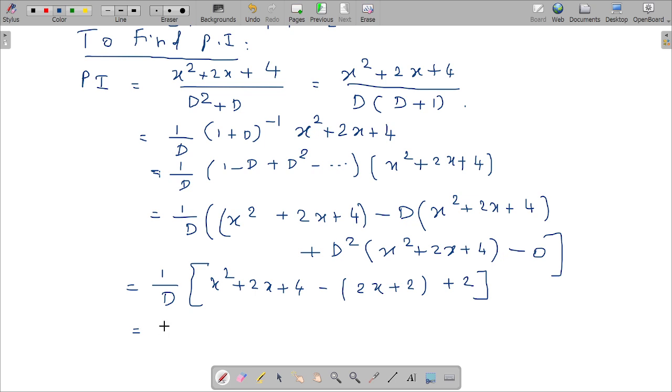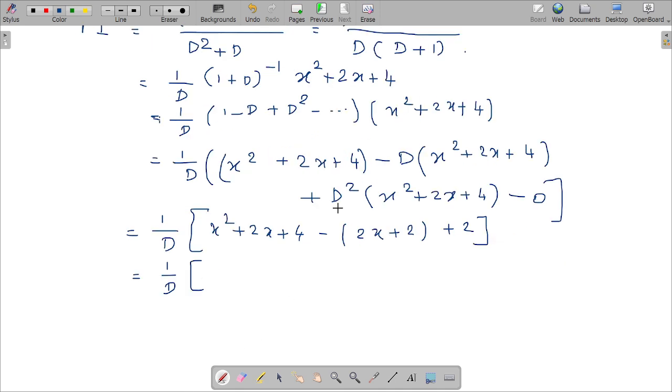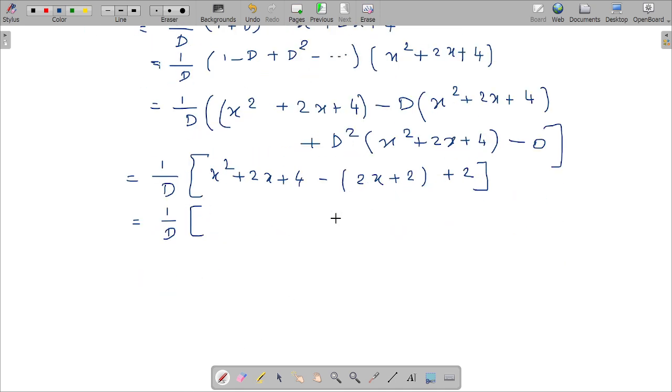Now simplify the terms. 2x minus 2x gets cancelled, and minus 2 plus 2 gets cancelled.